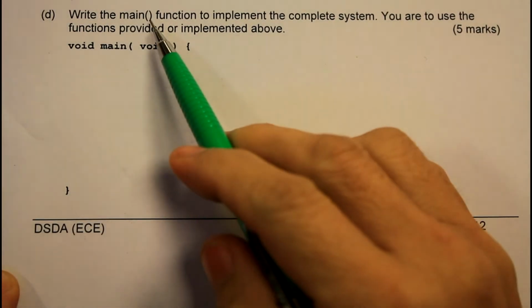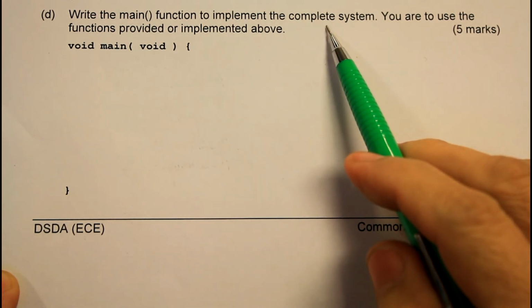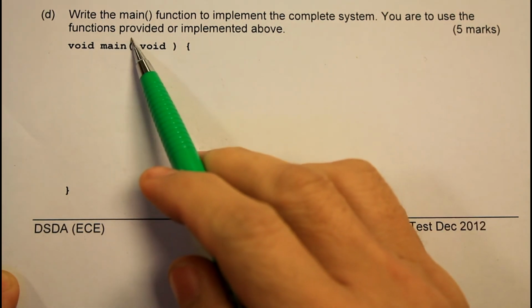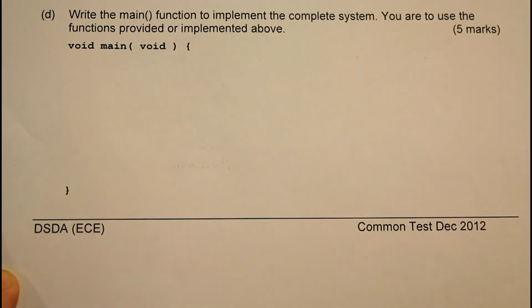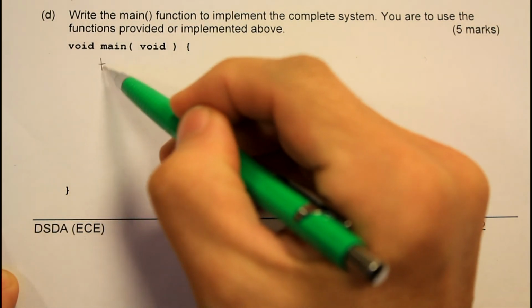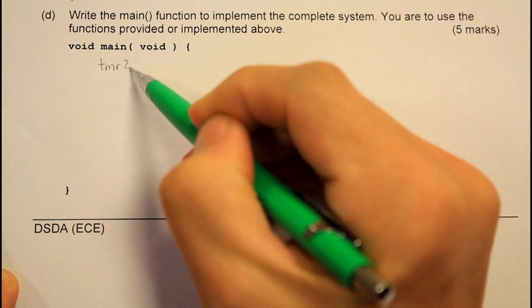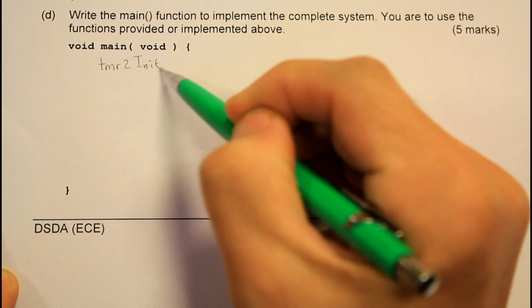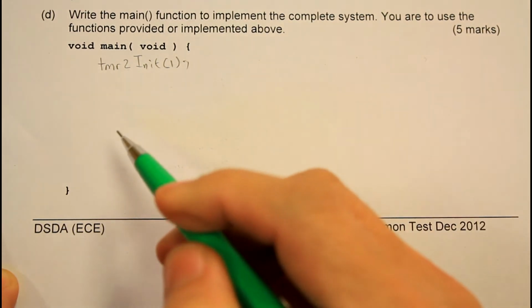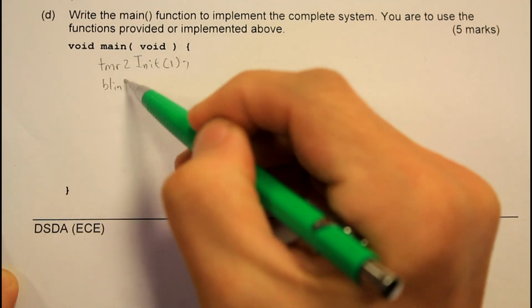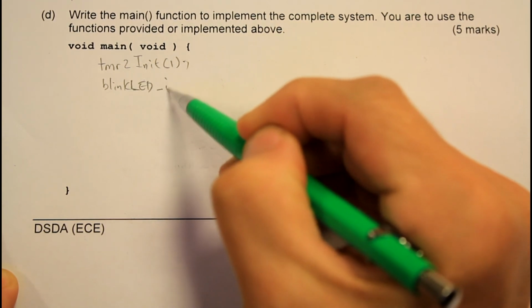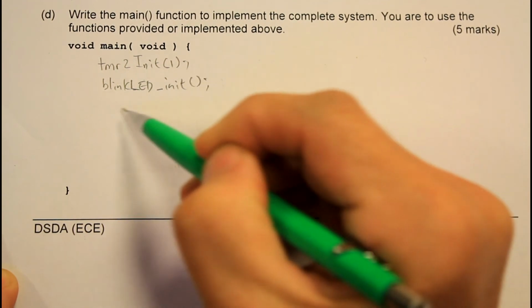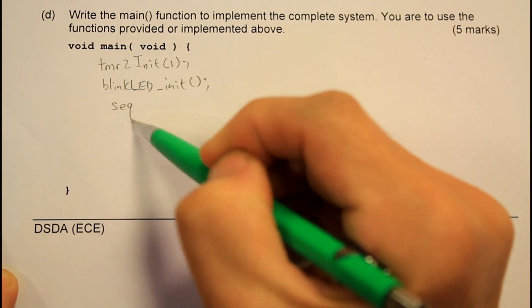Lastly, we have to write the main function to implement the complete system using the functions that were provided as well as functions that were implemented previously. So void main void, the first thing to do would be to initialize the timer to cause an interrupt every 1 millisecond perhaps, and then call the earlier function blink LED init and call the sequence init.